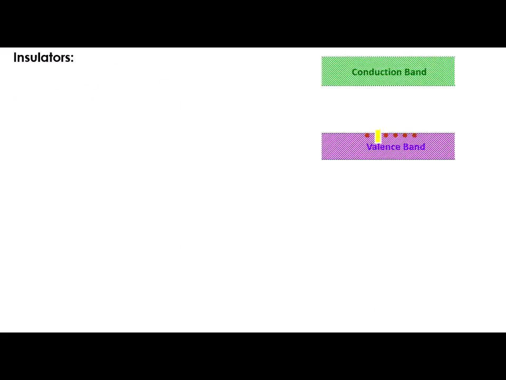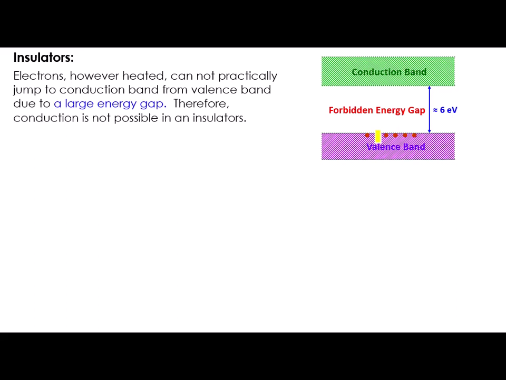Now, what is an insulator based on this band gap energy? Insulators are solids which have an energy band gap of more than 6 electron volt. If a solid has a forbidden energy gap, an energy difference, of more than 6 electron volt, then those solids are called insulators.